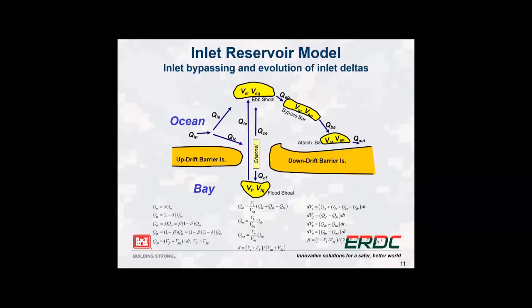Sounds good. Now, another rule of thumb to set up this empirical model, very highly empirical, is that the inlet reservoir model's purpose is to provide some estimation of inlet bypassing, so it will be able to simulate shoreline evolution across the inlet, providing the capability to simulate the barrier island shoreline.